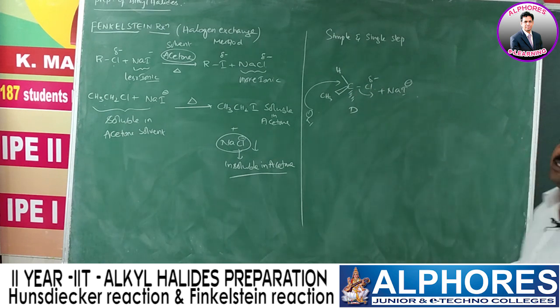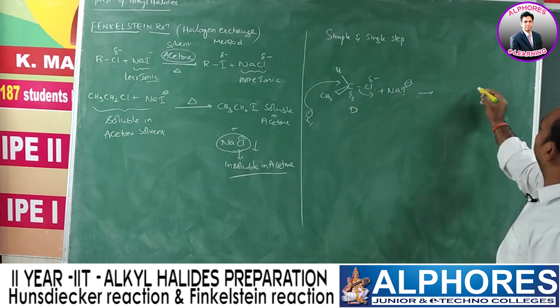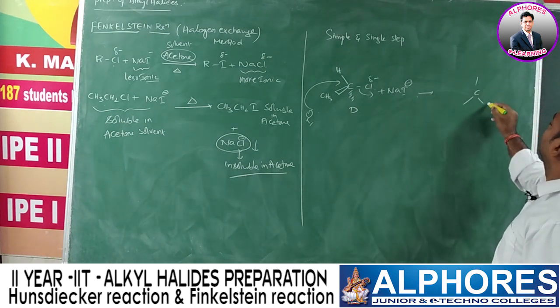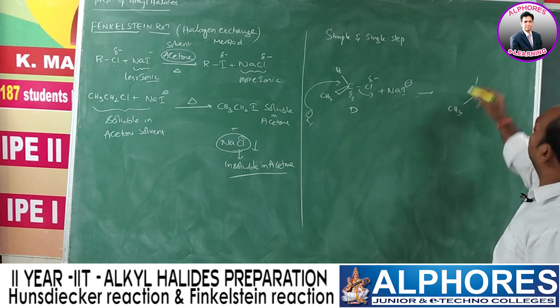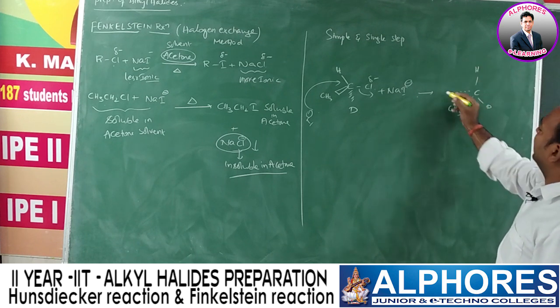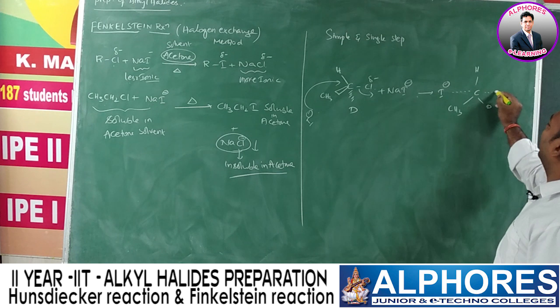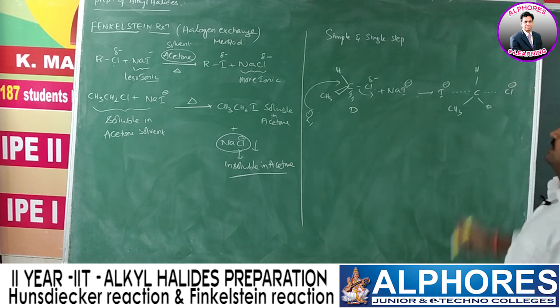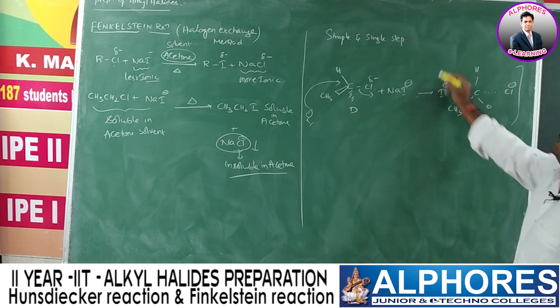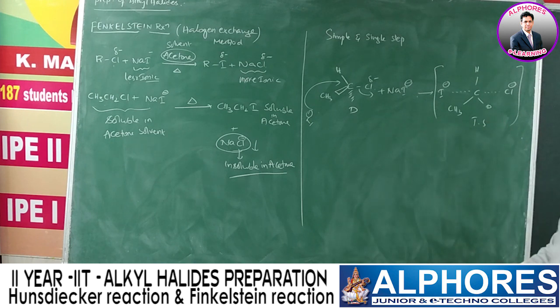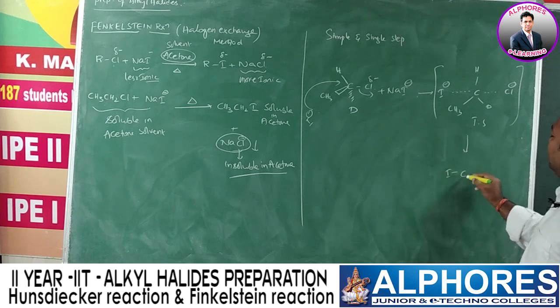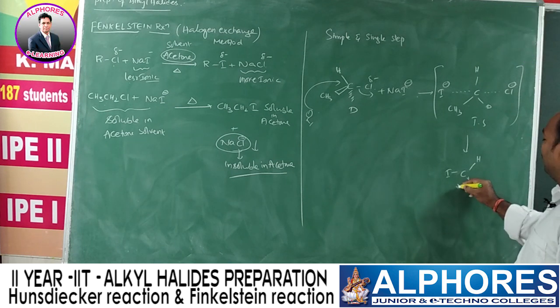That means we are getting here carbon with D, CH3, H like this, and the attacking one is I minus and the departing one is Cl minus. This is what we call the transition state. And later the Cl comes out as Cl minus. Now we are getting I, here H, CH3 and deuterium like this.